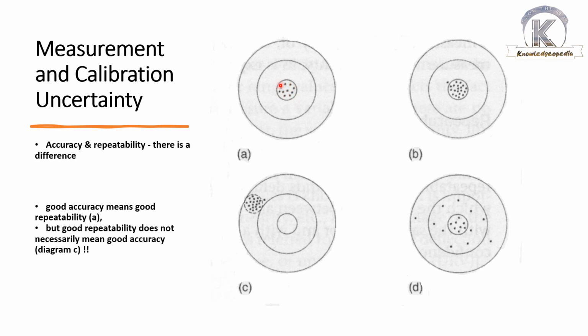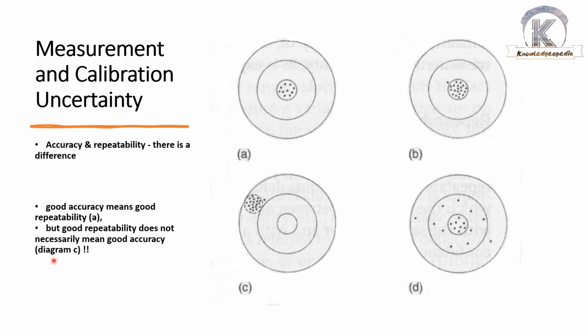So both accuracy has been repeated again and again. In this particular example in the C diagram, you can see accuracy is not there, but repeatability is definitely there, because whatever the accuracy it is getting achieved, it hits again and again. Okay, and this one is neither accurate nor repeatable, so it's not useful.